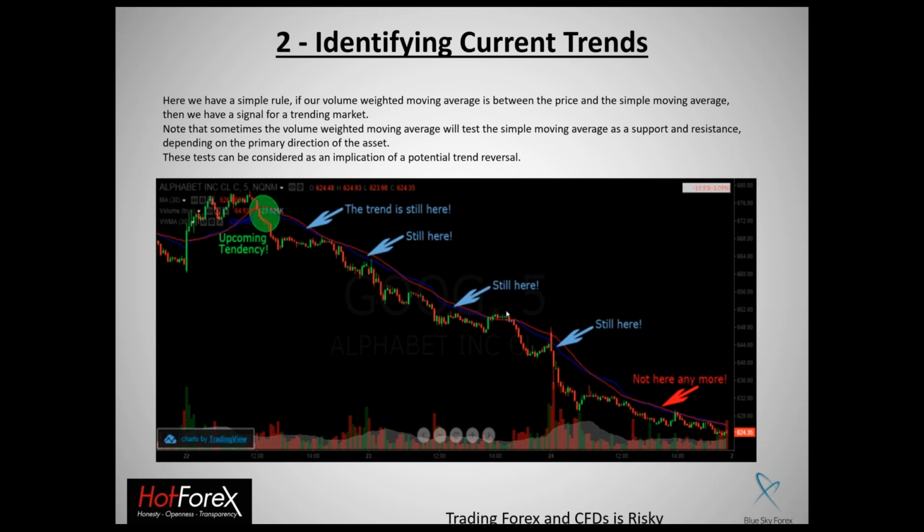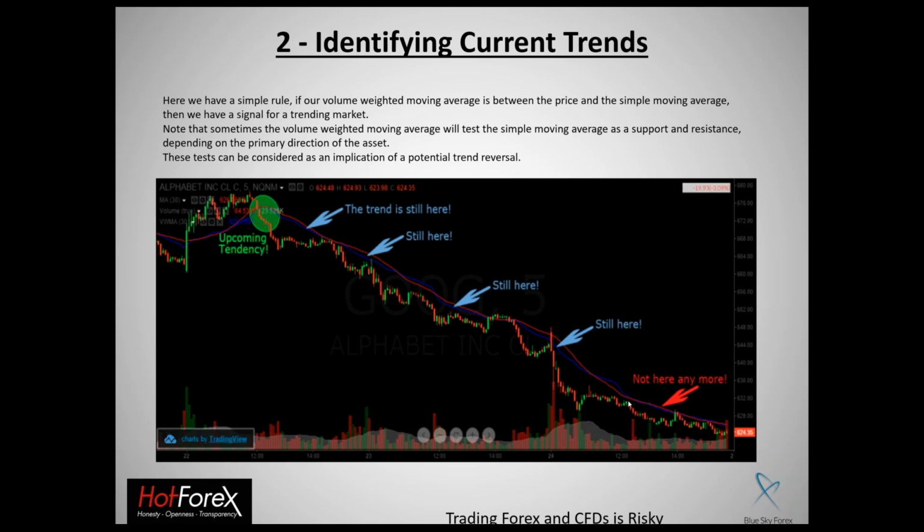If the volume weighted moving average really starts moving really close to the simple moving average, that means that the volume is becoming lower, and you should really be careful and closely observe what the price is doing.